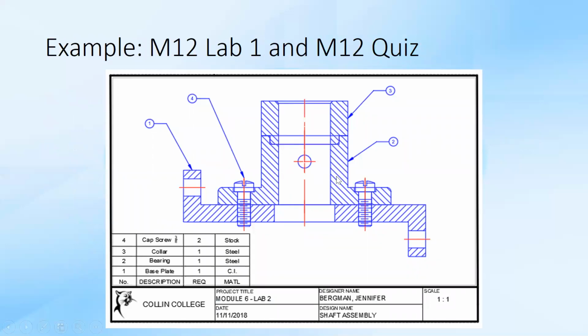So this is, we drew this collar, this top part in M12 Lab 1. So just like this, you'll draw a part. I would say this part is more difficult to draw just because we had all those chamfers, if you remember. The part will be much easier than this, but you'll draw a part and then you'll assemble the parts together like we did in the lab and quiz. And then you will create a layout similar to this. So you'll add these part numbers here, make sure they have circles around them.